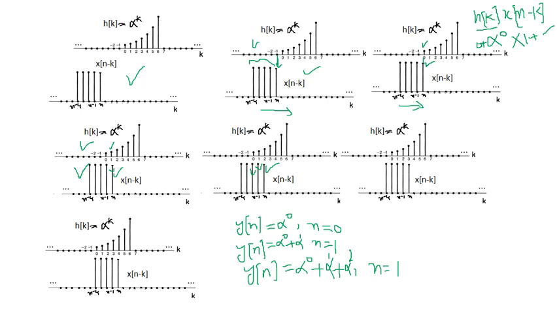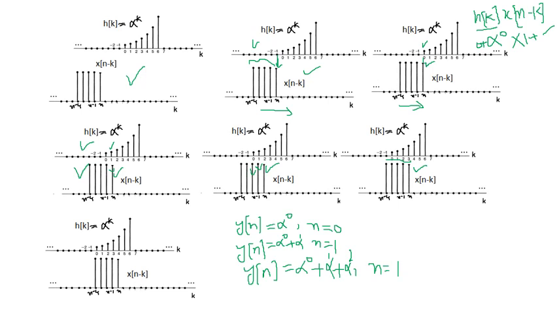Similarly, after shifting the signal one unit to the right, we see alpha power 0 up to alpha power 3: alpha power 0, alpha power 1, alpha power 2, and alpha power 3.